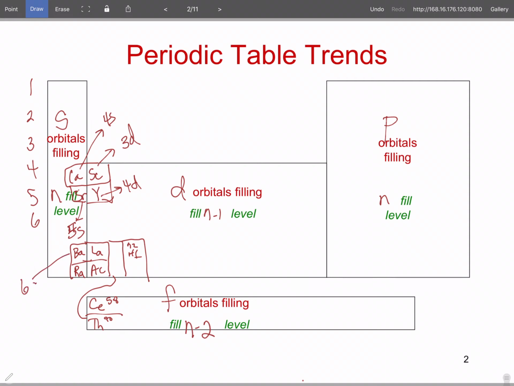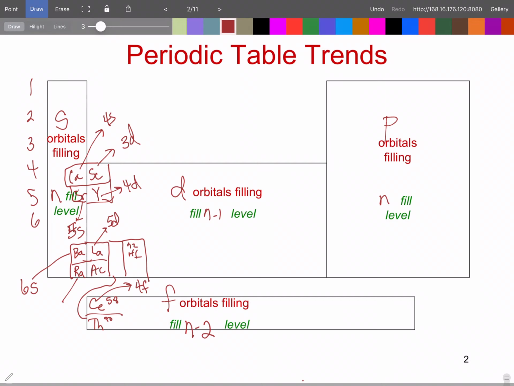Radon, and let me change colors so it really differentiates, would be 7s. Actinium is 6d, and thorium will be 5f. So it's kind of weird. It's really weird.